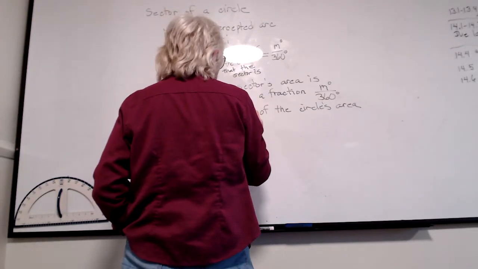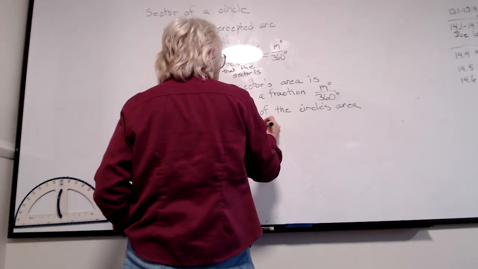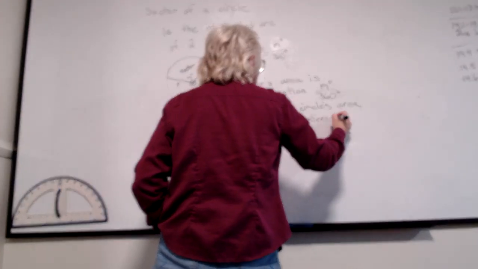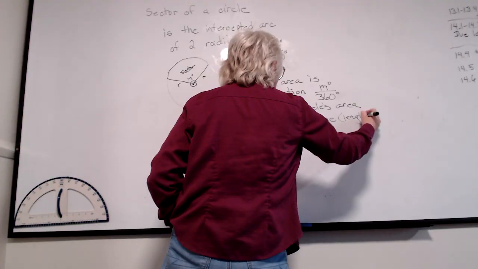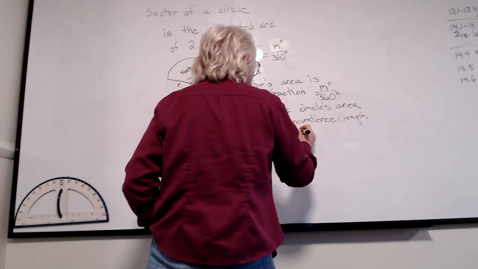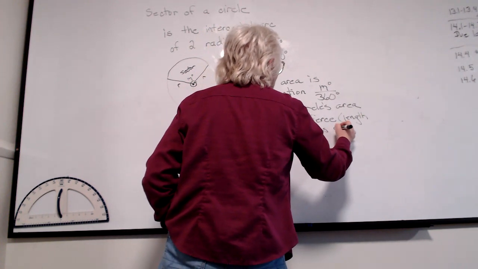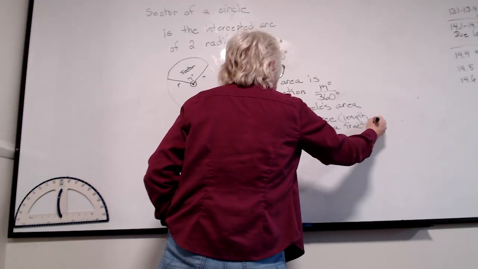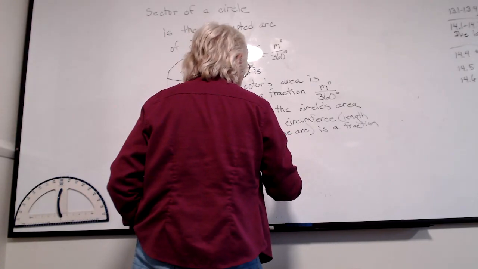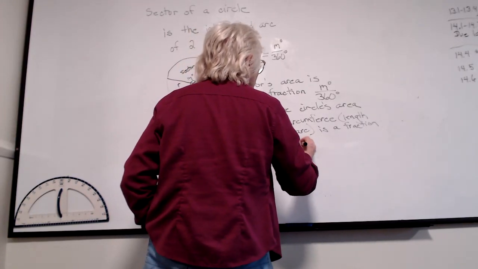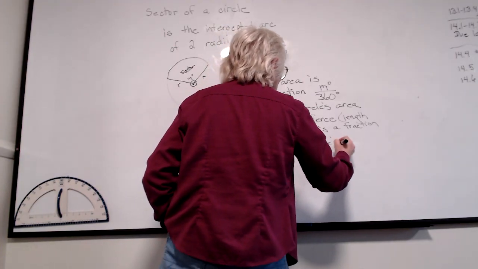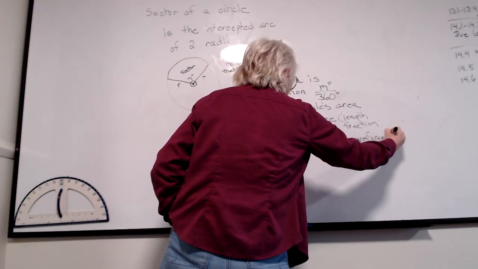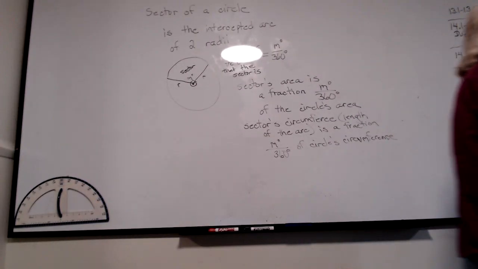The sector's circumference, which really is just the length of the arc, is a fraction, m degrees over 360 degrees, of the circle's circumference. Okay, so it's really pretty easy, okay?